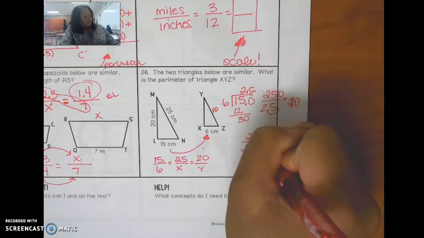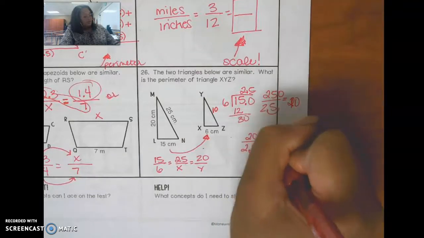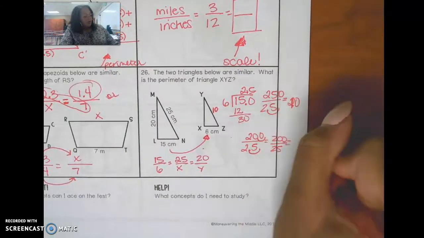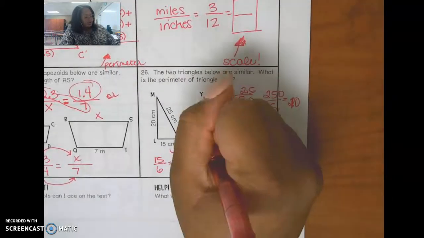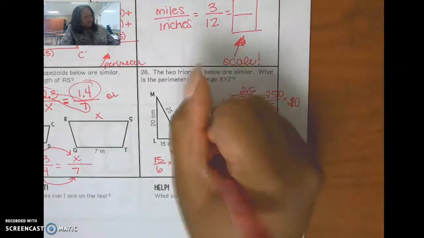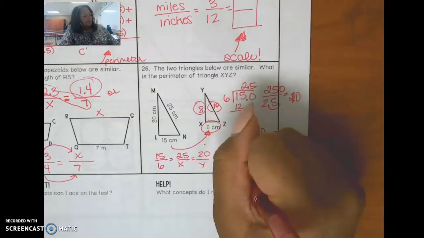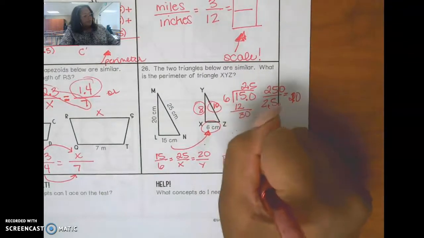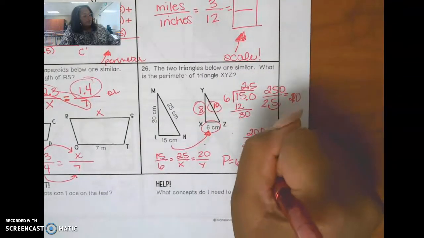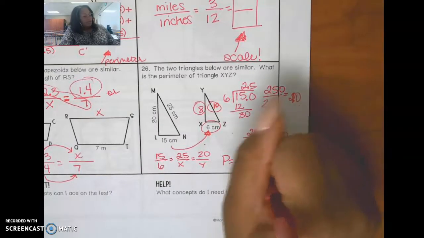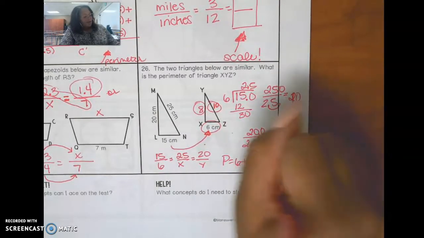Move this decimal over one place, move this decimal over one place. 200 divided by 25. There are 8 quarters in $2. So this is 8. So I would add these up. Perimeter equals 6 plus 10 plus 8. Calculate and then you'll get your answer.